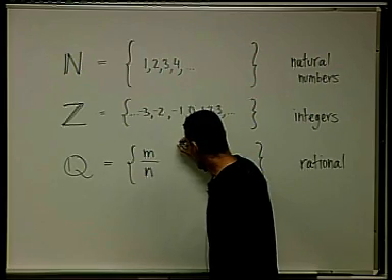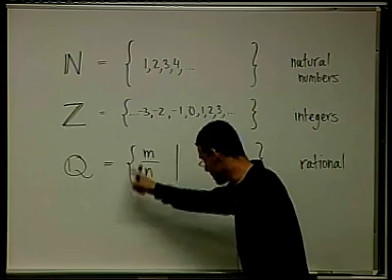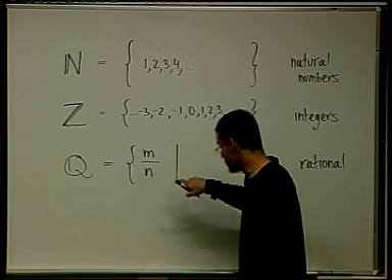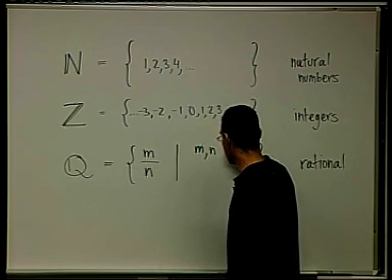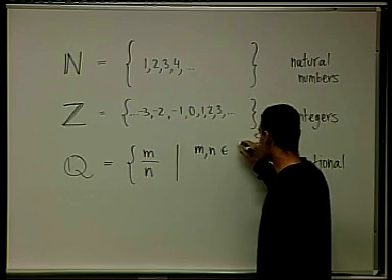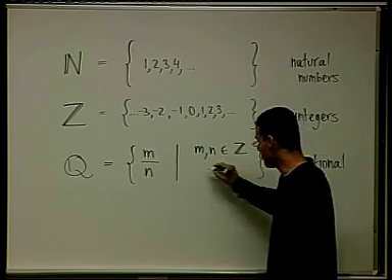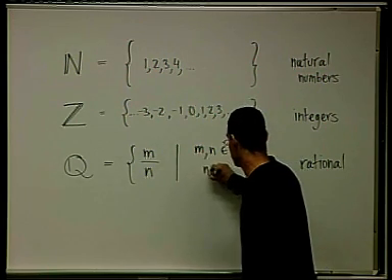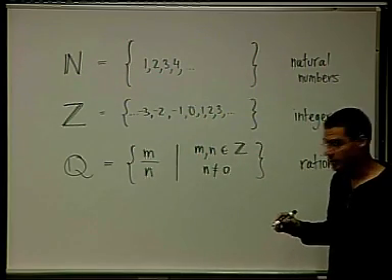So look at the notation a minute: the set of all numbers of the form m over n, such that m and n belong to the integers. And one more thing that I have to make sure: n cannot be 0, because we can never divide by 0.